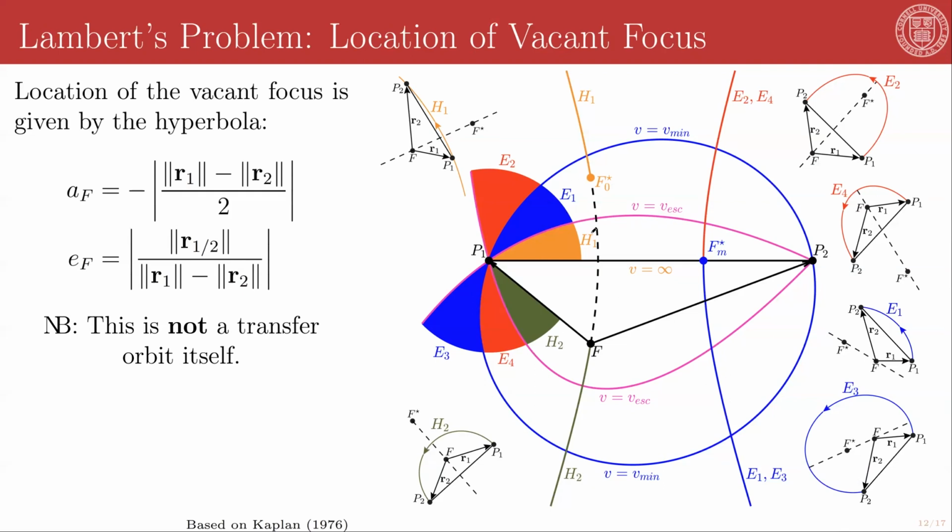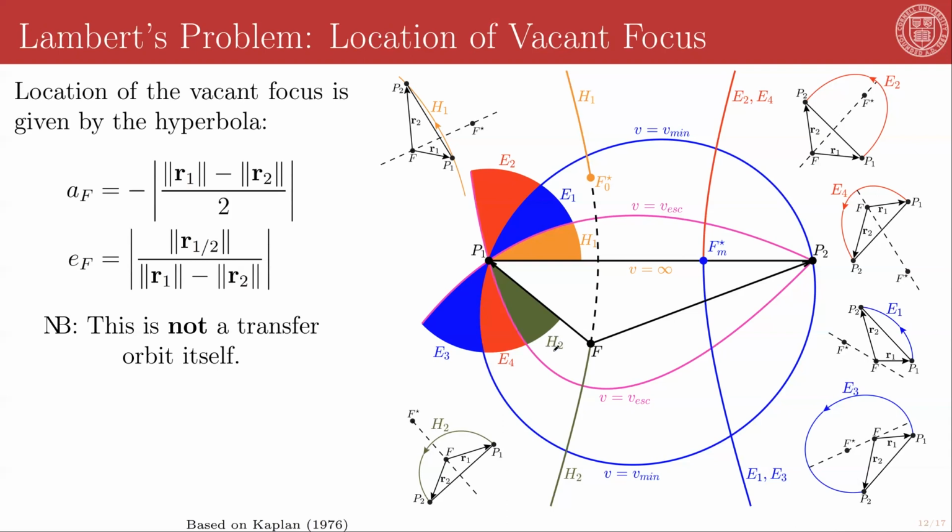The left-hand branch of the vacant focus hyperbola describes all possible hyperbolic transfers between P1 and P2. And we have 2 possible families. We have the H1 family that are transfers going above the R1 rel 2 line, and we have the H2 family that are transfers going below the filled focus.